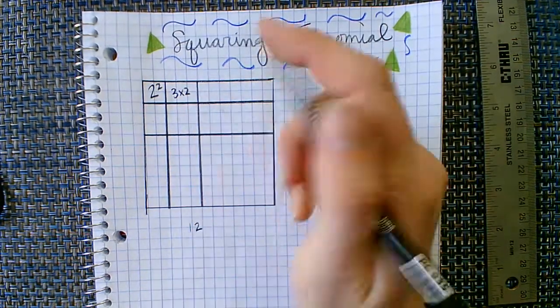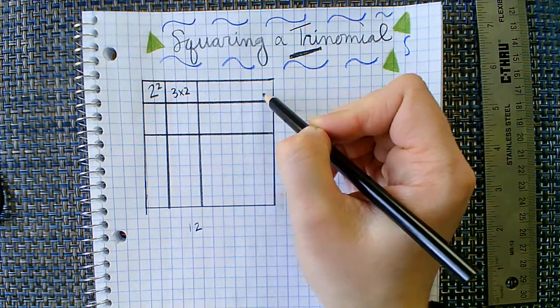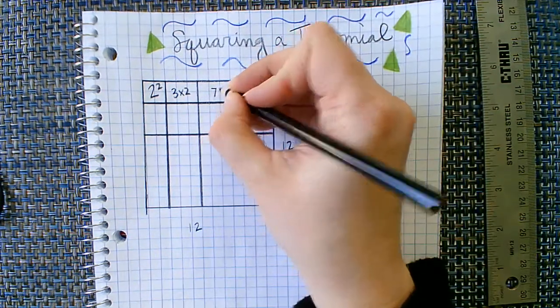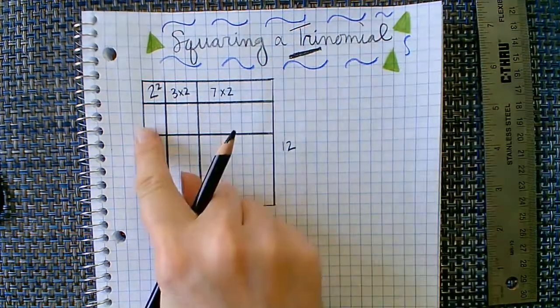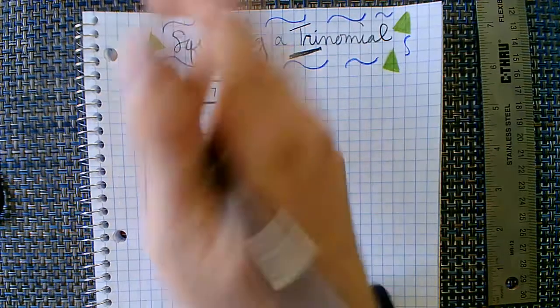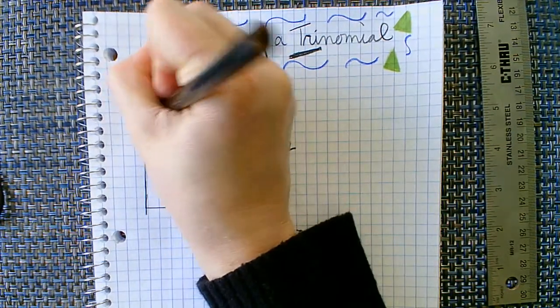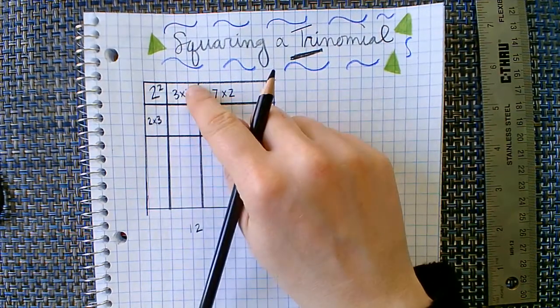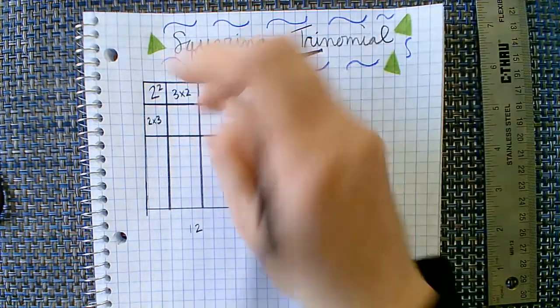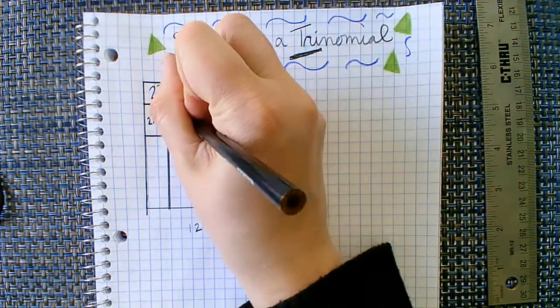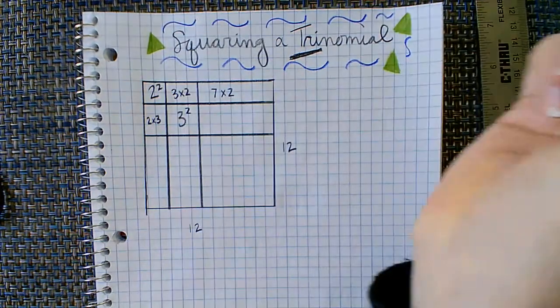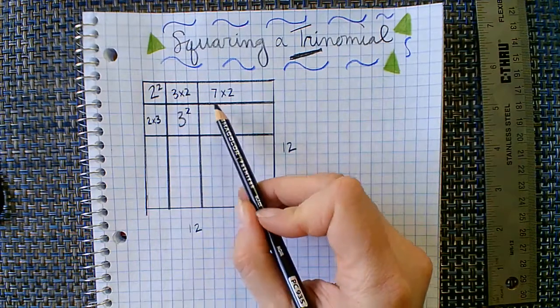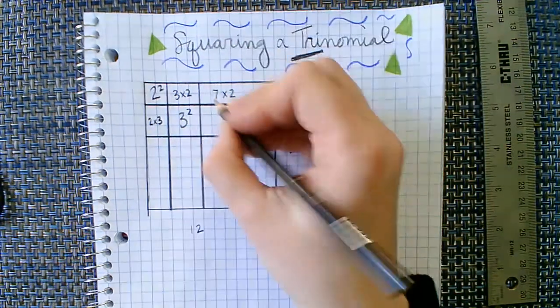And here I have 7 times 2. Next I have 2 times 3. Oh, 2 times 3, 3 times 2, those have the same value. Then I have a 3 by 3, which I can call 3 squared. And then I have here a 7 by 3.